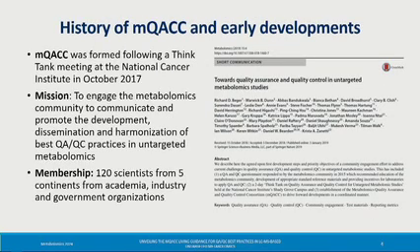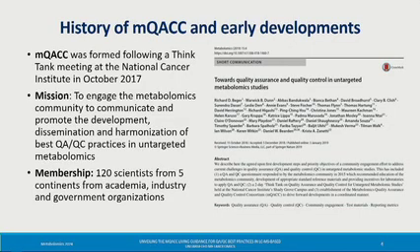And so the mQACC Consortium. I'm going to talk a little bit about the history of mQACC and early developments. mQACC was formed following a think tank meeting at the National Cancer Institute in the United States in October 2017.